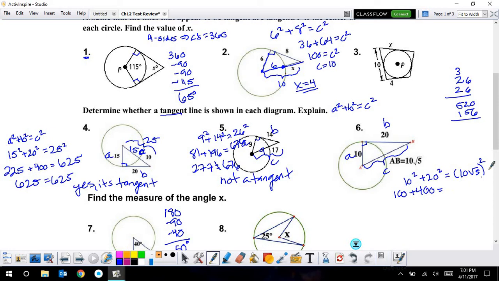Be careful when you square this whole thing. You're squaring both the 10 and the root 5. So you end up getting 500 if you type that in your calculator. So 500 does equal 500. So yes, it's a tangent.